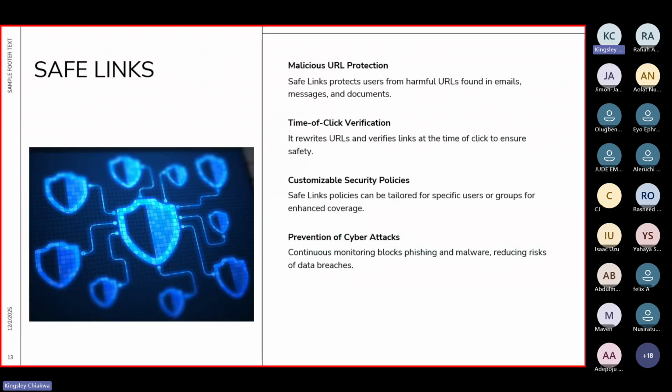What I mean by false positive is the system can detect a link as a bad link, right? So you can say, okay, no, this is not supposed to be a bad link. This is actually a good one. So you can add those links to the policy to whitelist them so it doesn't see them as a bad link. So that's one of the things you can do from the policy section.